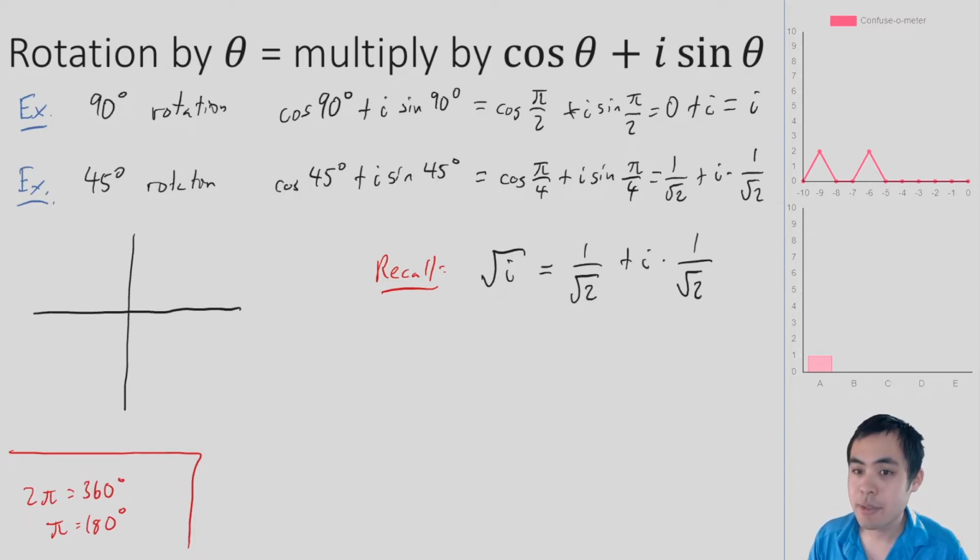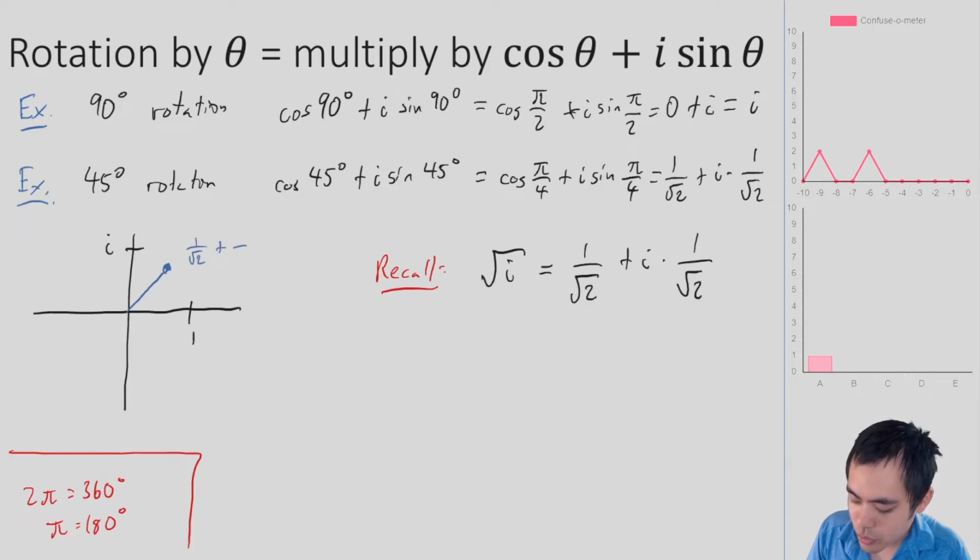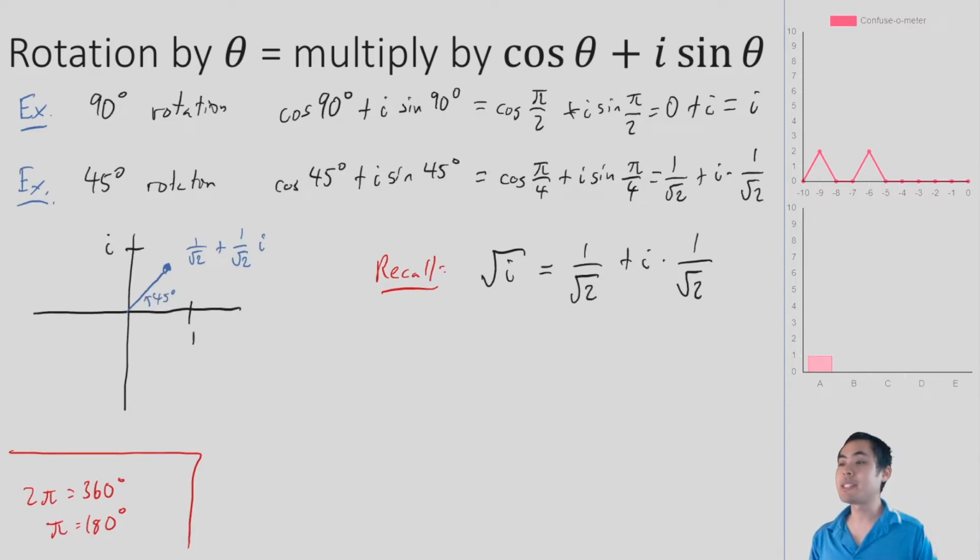And this makes sense because if we have this point here, which is 1 over the square root of 2 plus 1 over the square root of 2 i, well, that is a 45-degree rotation. So if you multiply by itself, you get two 45-degree rotations, which gives you a 90-degree rotation, which gives you i.